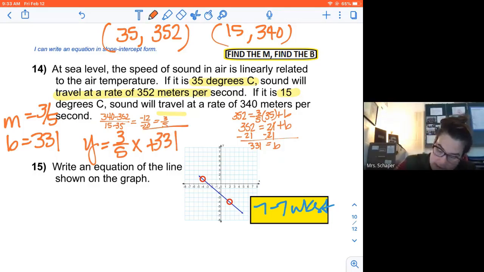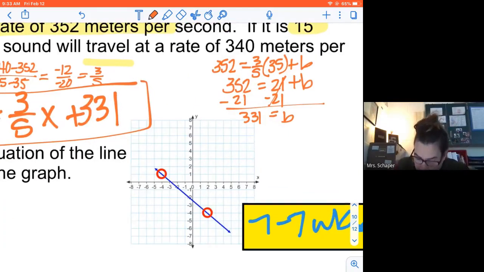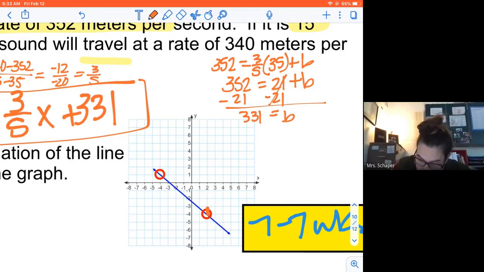There we go. Last one. Write an equation of the graph. I need to know my slope and my y-intercept. Okay. So my slope, I'm going to rise 1, 2, 3, 4, 5. And I'm going to run 1, 2, 3, 4, 5, 6, right? Yep, back 6.